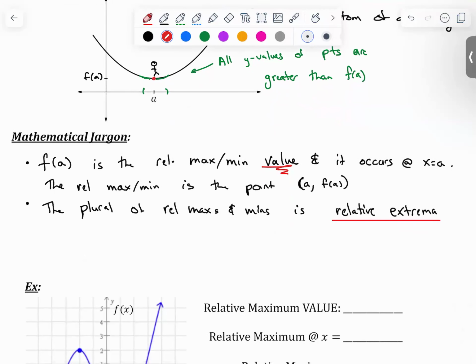Now, one last thing that I meant to add as a bullet point is that some textbooks say local instead of relative.